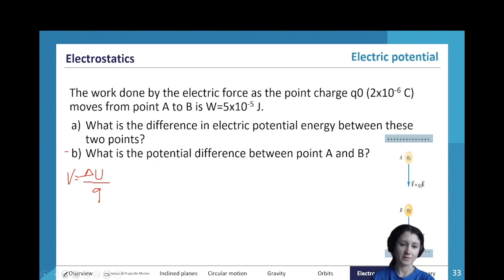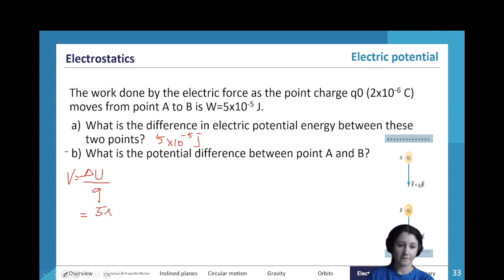So the difference for part A is 5 times 10 to the negative 5 joules. Because remember, the difference between the 2 points is equal to the work done. So, now we can go ahead and pop this in our formula.